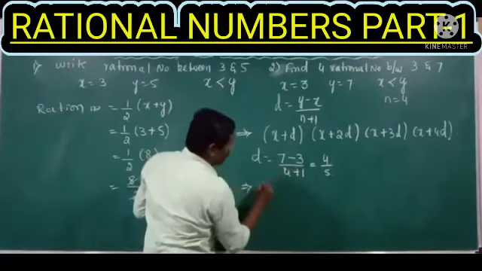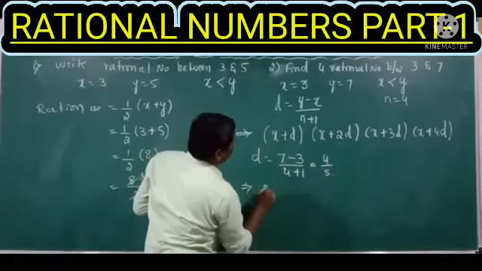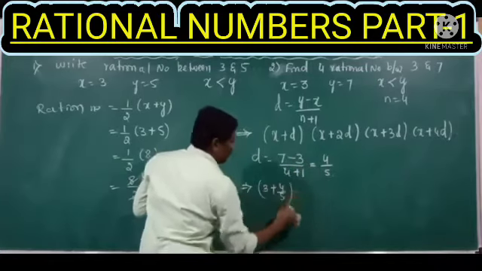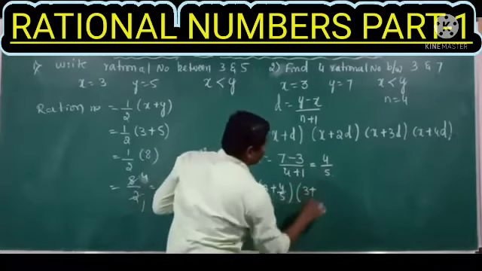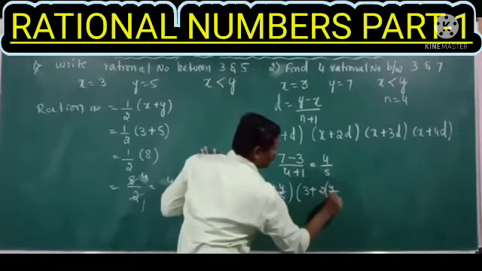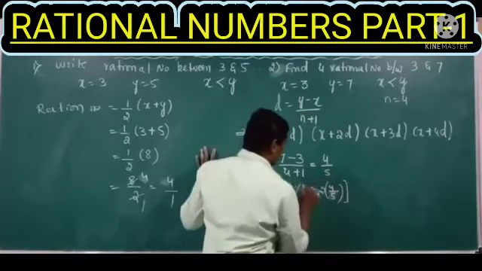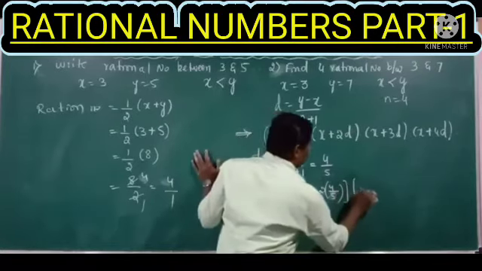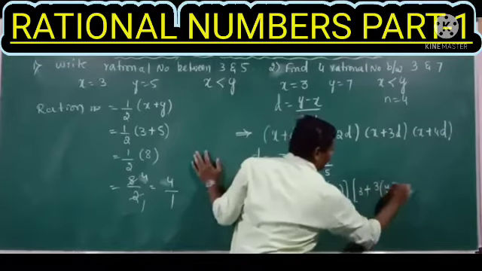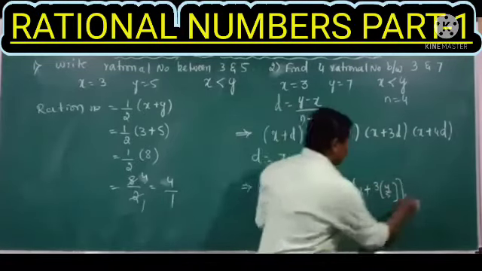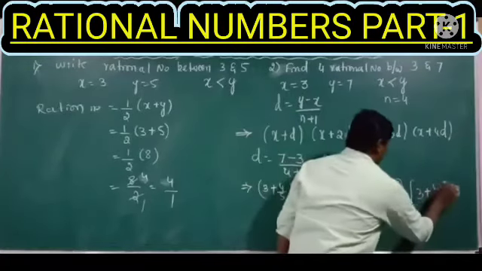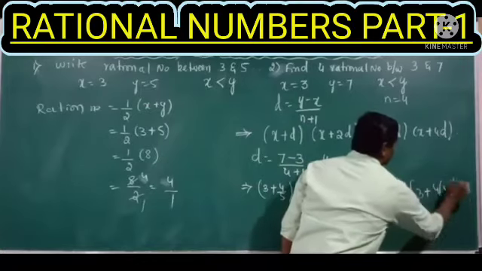So x value is 3 plus d value, which is 4 by 5. Second one, x value is 3 plus 2 times 4 by 5. Next, third one, 3 plus 3 times 4 by 5. Next, last one, 3 plus 4 times 4 by 5.